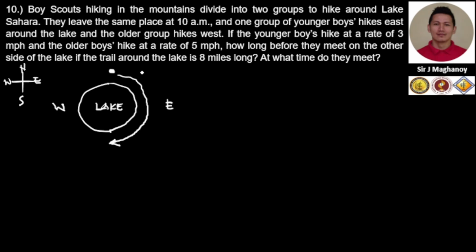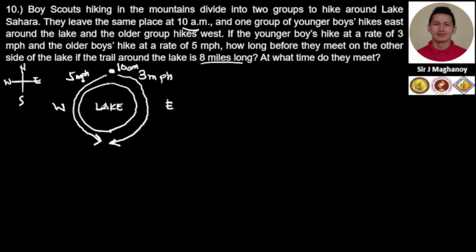So what is the rate of these younger boys? 3 miles per hour. And the group separates, and these older boys go around the lake at 5 miles per hour. They leave from the same location at 10 a.m. Again, the trail around the lake is 8 miles.